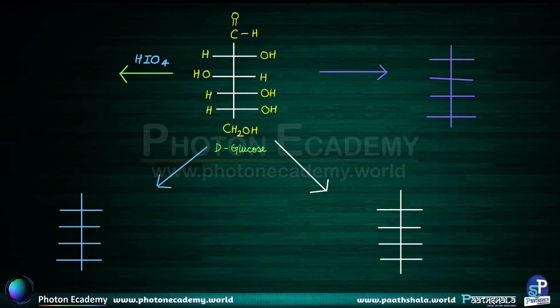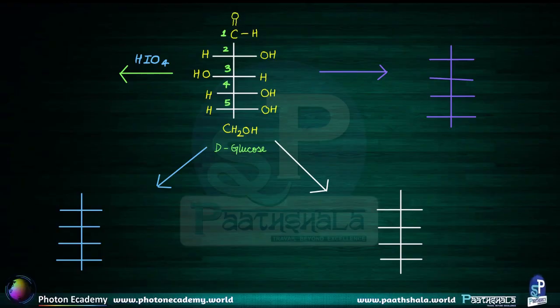So let me first name the carbons of glucose as 1, 2, 3, 4, 5, and 6. We know that we have 6 carbons in glucose, and what this HIO4 is going to do is cleave the carbons.